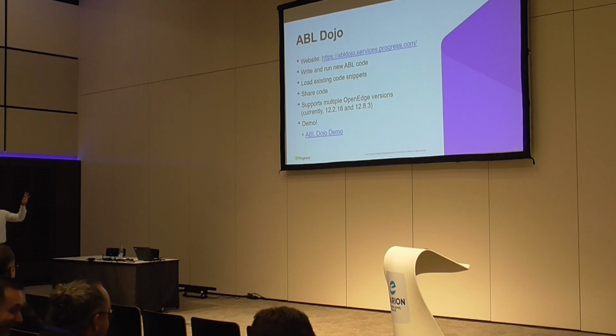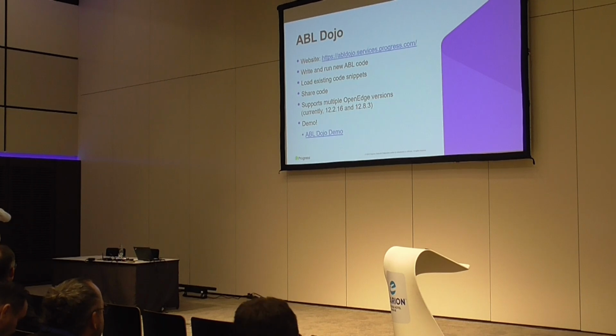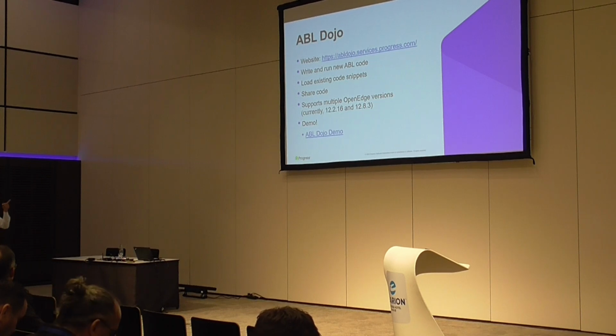But it supports multiple versions, 12.2.16 and 12.8.3. And if you want to see a quick demo on ABL Dojo, you could click on that link. I'll provide the slides in the PUG channel on YouTube. You'll be able to click on that slide. You could also search for it. You can see how ABL Dojo works.